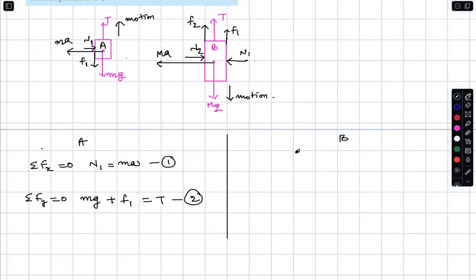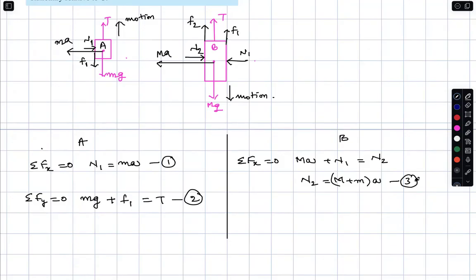B. Sigma Fx is equal to 0. In this, Ma plus N1 is N2, which clearly implies N2 is capital M plus small m. Equation 3. Any doubts?